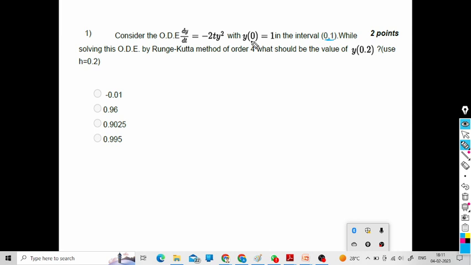You might be knowing the formula for Runge-Kutta method of order 4. So what's the formula? Anyone?